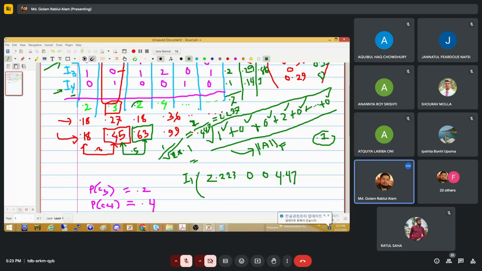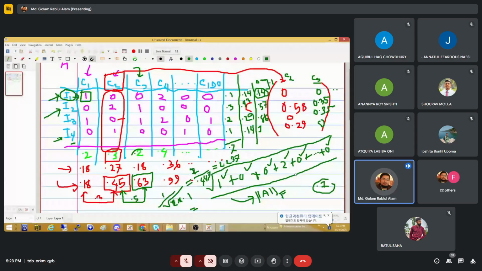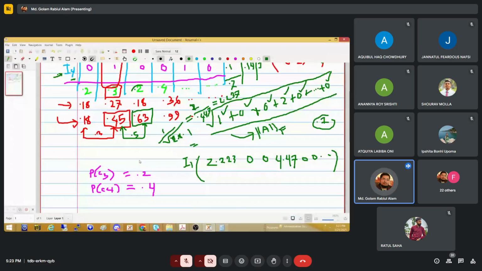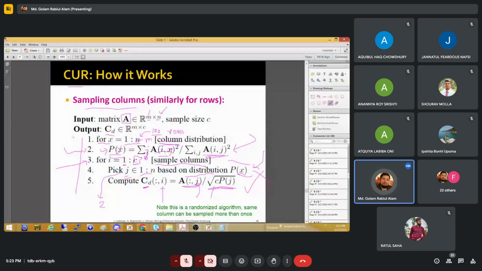In this way we can think about our rows also. So now using the same algorithm, that means similar algorithm, we can find out our row values also.